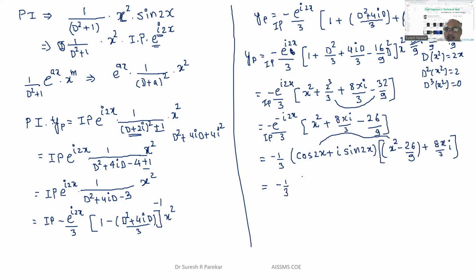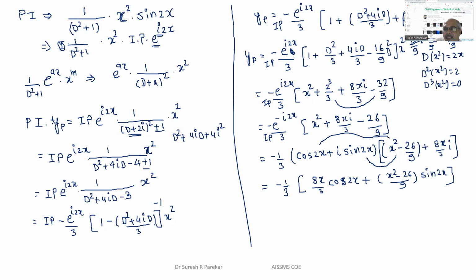So we have minus 1 by 3, and then we have 8x by 3 into cos 2x, because that is with i. Without i, we are not going to consider. And then i sine 2x, if multiplied with this, then again we have this as imaginary part. So we have plus x square minus 26 by 9 into sine 2x.